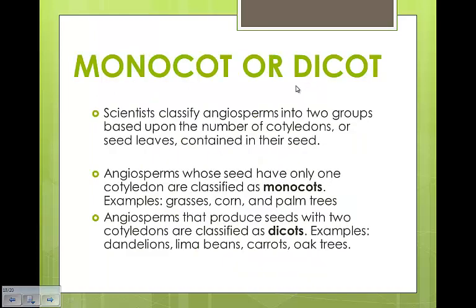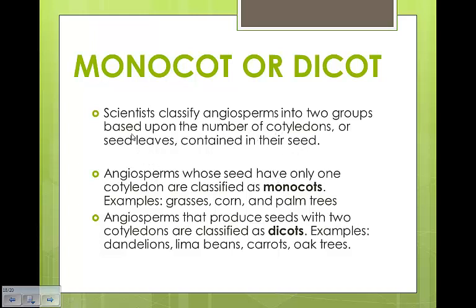All right. Monocot, remember in that chart, we had gymnosperm and angiosperm. When we broke down angiosperm, scientists like to break it down into two different groups, monocot and dicot. At this point, you know mono means one, di means two. This cot part is talking about the cotyledon. You can call it a monocotyledon and a dicotyledon, which is completely appropriate, but we typically shorten it to monocots and dicots.